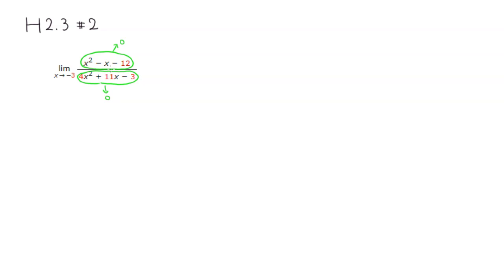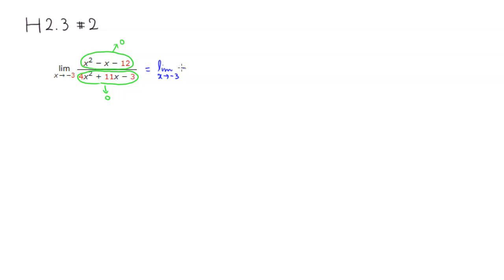So when you have 0 over 0, that's an indicator of a common factor on top and bottom, namely x plus 3. So let's look for that. I'm going to factor the numerator and denominator separately and see what happens. Limit as x approaches -3.